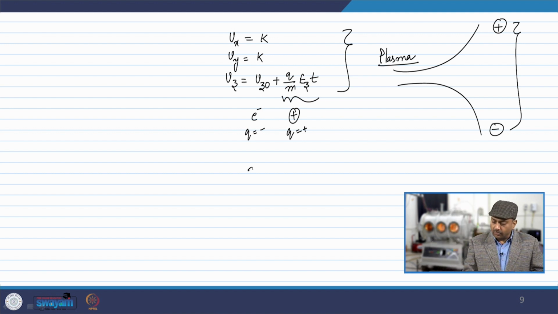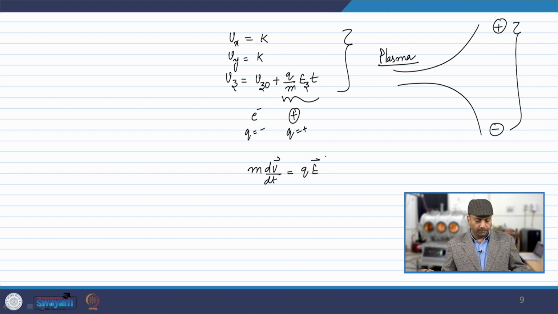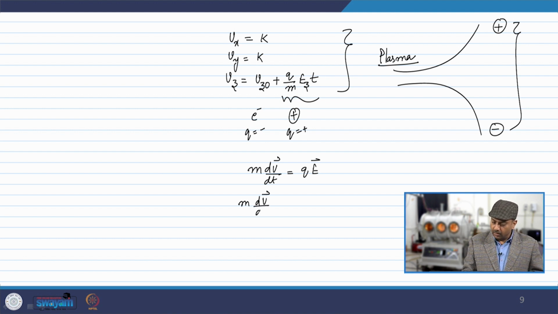So, what we have is we have m dV by dt is q times the electric field, right. Let us take a dot product with V from the right. Let us say we will write m dV by dt dot V is q E dot V. So, this is dV by dt dot V, right.